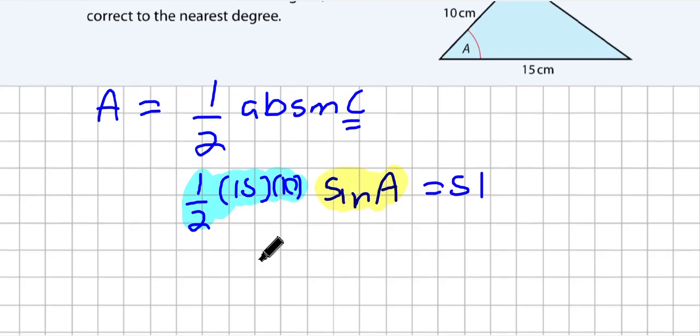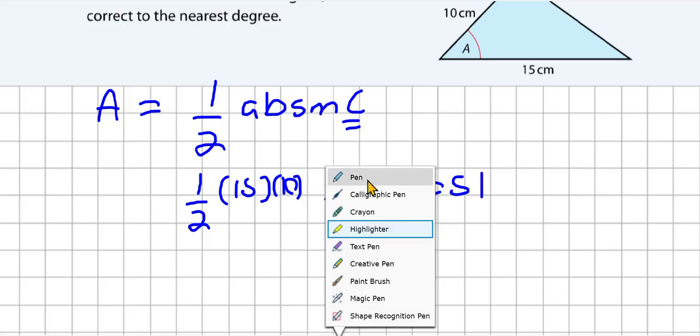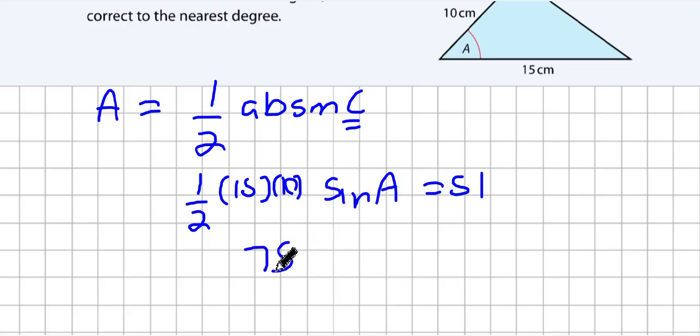I was thinking 75. Half of 15 multiplied by 10. 75, yeah. Are you happy that that's 75? Now, is the sine on its own? So, who's stopping sine being on its own?